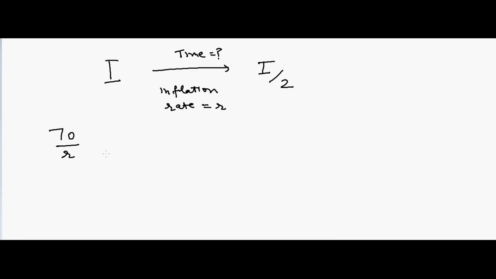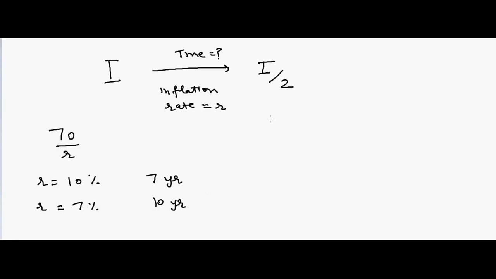For example, if you have an inflation rate of 10%, then it will take 7 years for your money to become half of its value. And if the inflation rate is 7%, then it will take 10 years for your money to have half of its value.